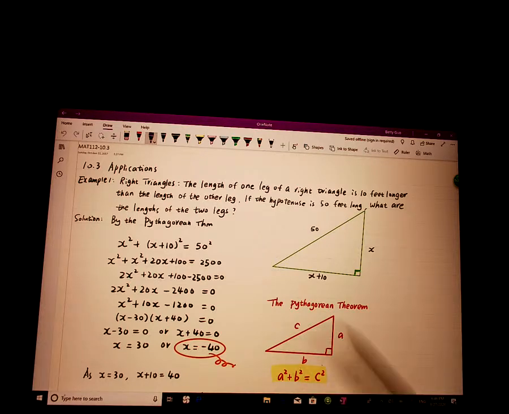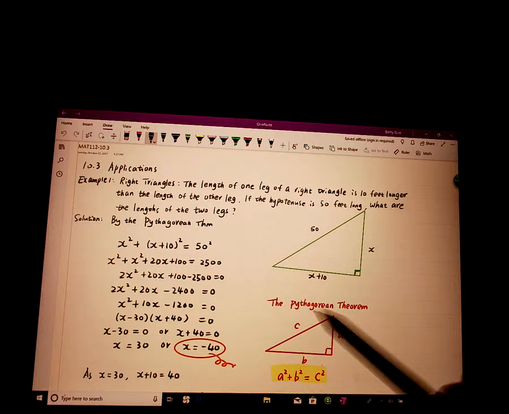From my diagram, side A is shorter, side B is longer. So this is the shorter leg, this is the longer leg. And the third side, the side opposite to the right angle, is called the hypotenuse.